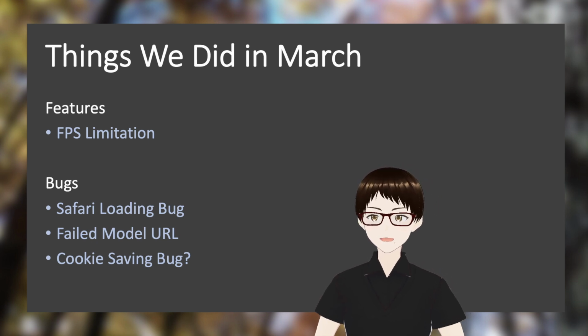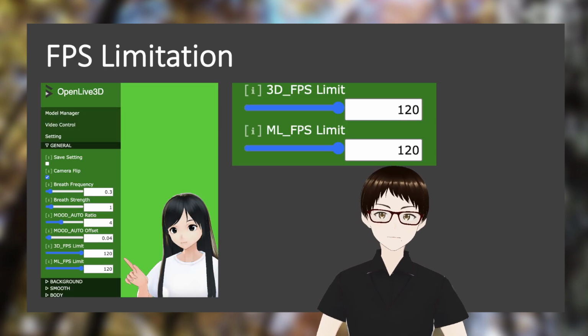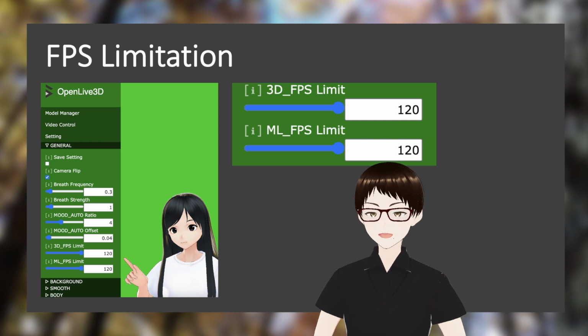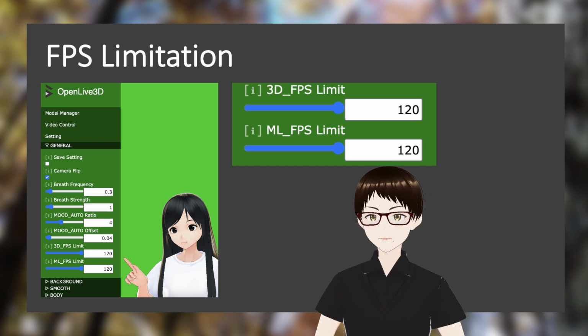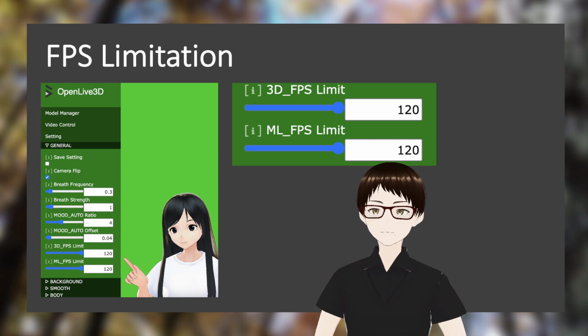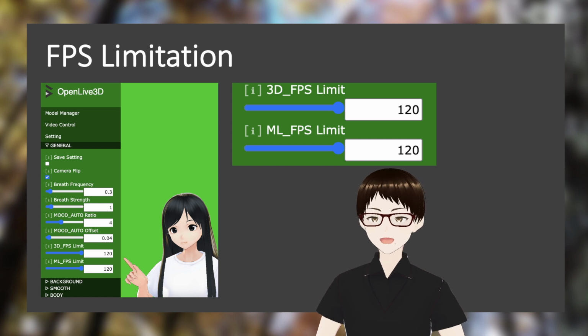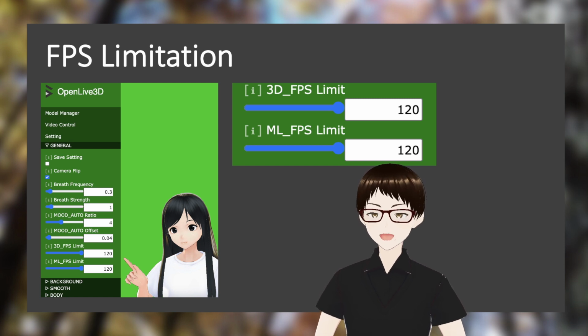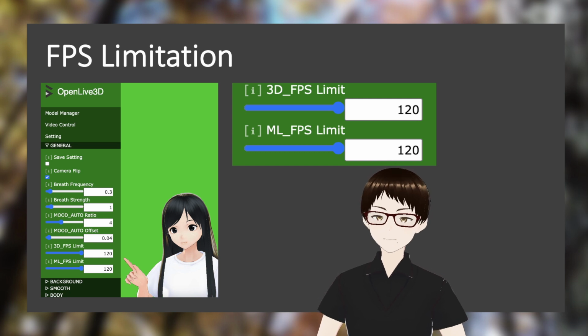The first feature that we developed this month is this FPS limitation, right? So when you open the menu by clicking the icon, in the setting in general, you can see that there are two new parameters to set.